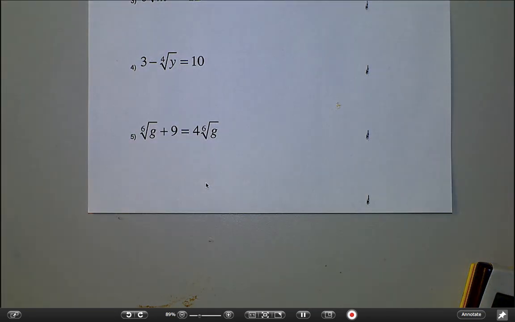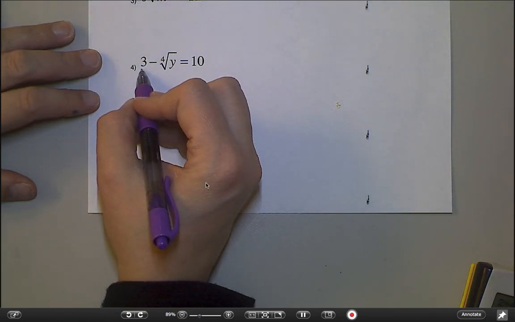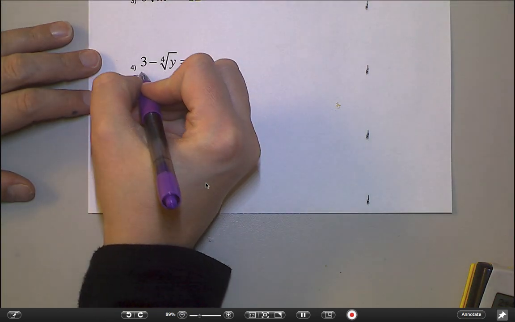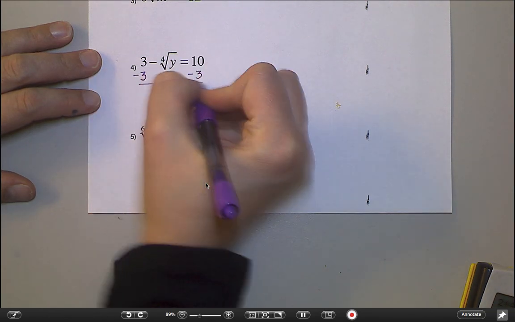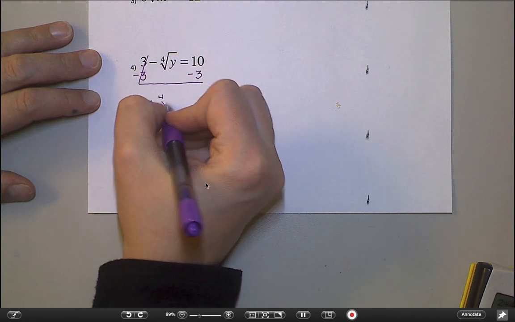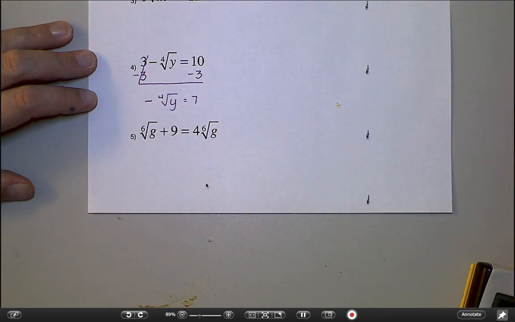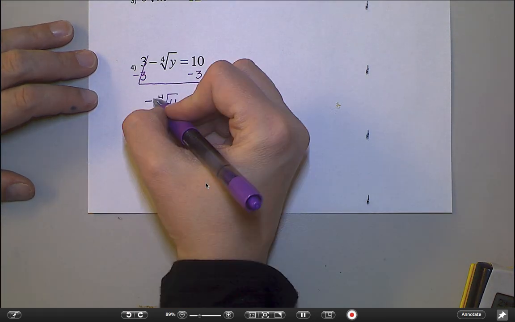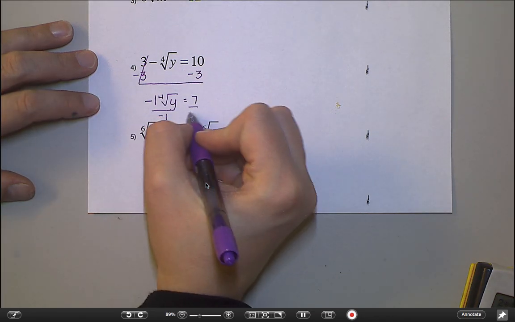So number 4, let's get rid of this 3 first. That is a positive 3, so I'm going to subtract and subtract. And I end up with negative 4th root of y equals 7. Remember that negative sign is really like a negative 1, so divide by negative 1.